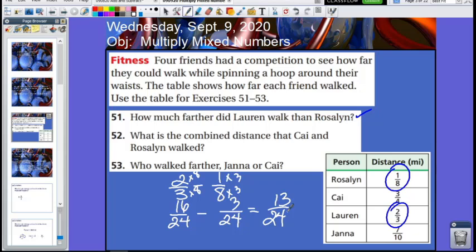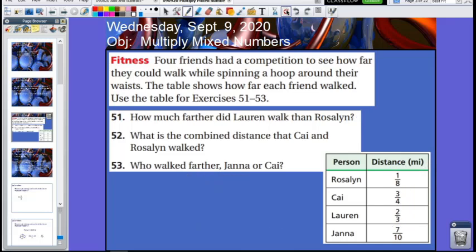The last thing we have to think about is what kind of label. Since this is a word problem, we need to have a label on it. The question says, how much farther did Lauren walk than Rosalind? 13/24 of a mile, because our label is miles. And that's how we did the warm-up question for today.